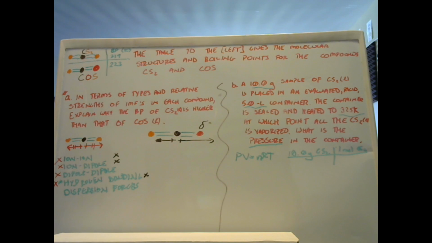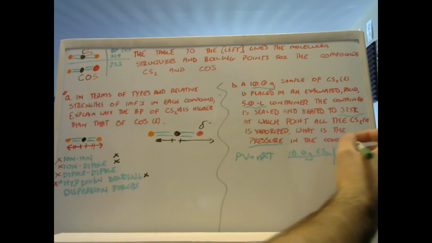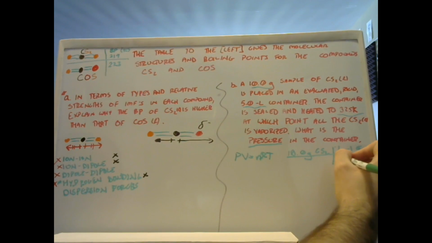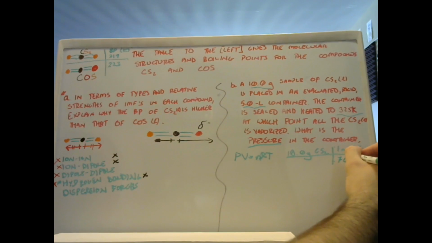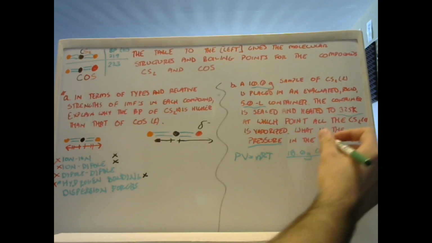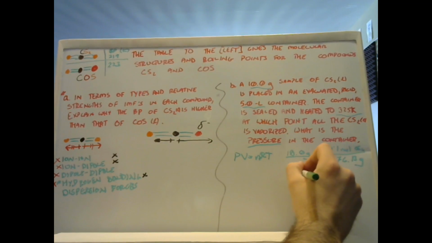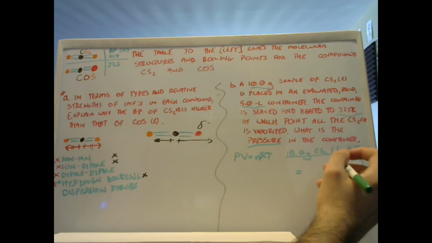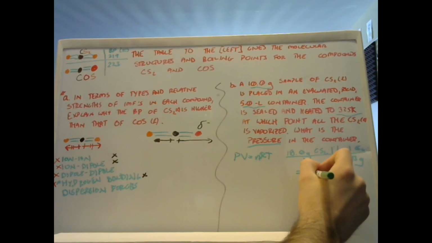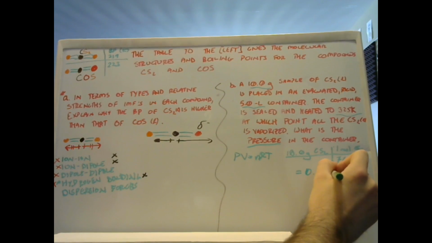I have 1 carbon, which has a mass of 12.01. 32.06 times 2 for the 2 sulfurs, plus 12.01 for the 1 carbon, gives me a total mass of 76.13 grams per 1 mole. And then I can find out how many moles I have, which, if I do the math, is 0.131 mole.